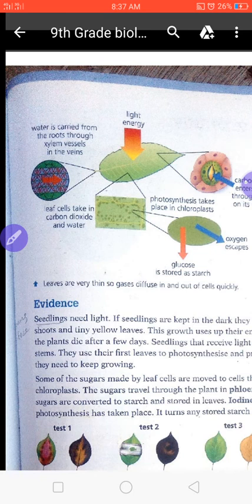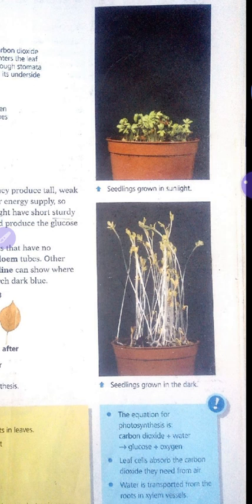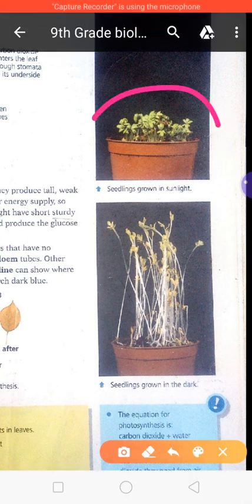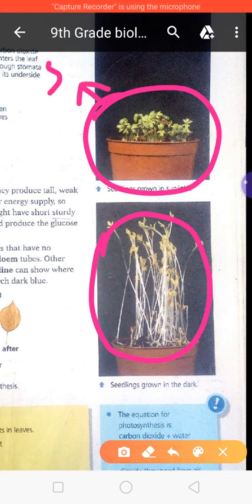Okay, let's talk about some evidence of photosynthesis. If you look at these two plants in these pictures, this plant has grown in a lightened region, and this plant has grown in a darkish region. What's the difference between them? Look, this plant is much stronger. This one is less strong.